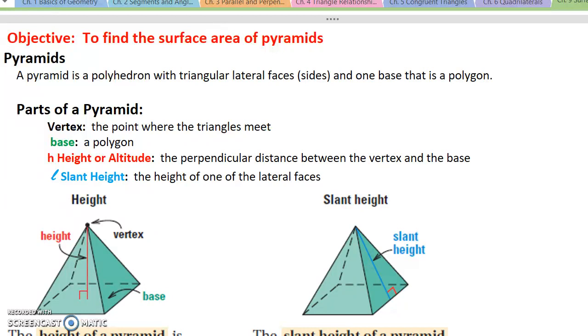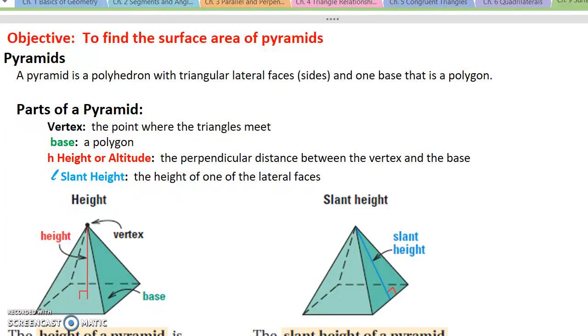The height of the pyramid is the distance from the vertex to the center of the base. We will use that dimension when we find the volume of pyramids. We will not use that dimension for surface area. So here's where you need to be careful.